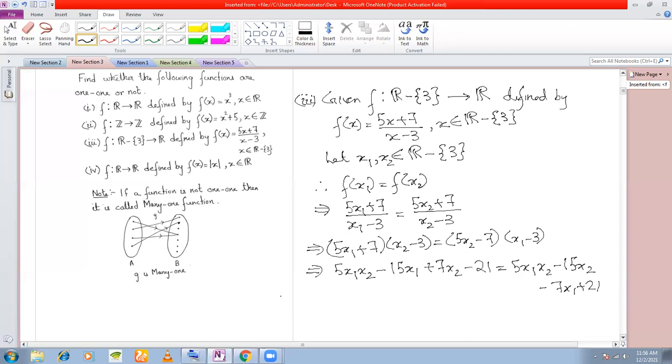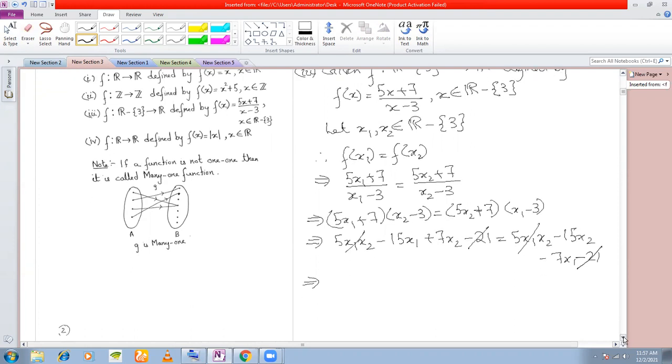Okay, so what happens? 5x1x2 cancels from both the sides. Now you take x1 all on one side. Minus 21 and minus 21 will also cancel.